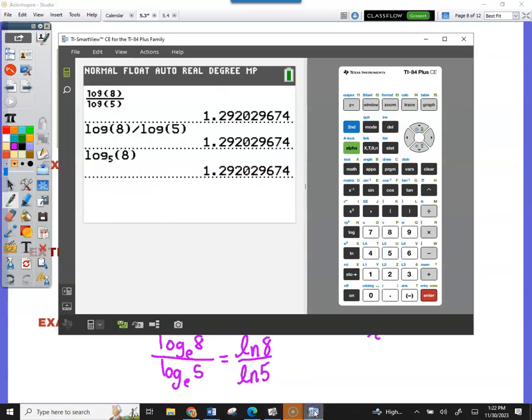That gives 1.29. You should notice it's the exact same decimal that we got when we did log 8 over log 5, and that's because they're equivalent.